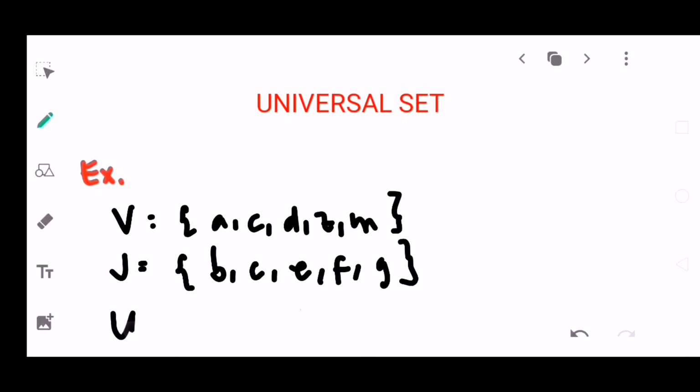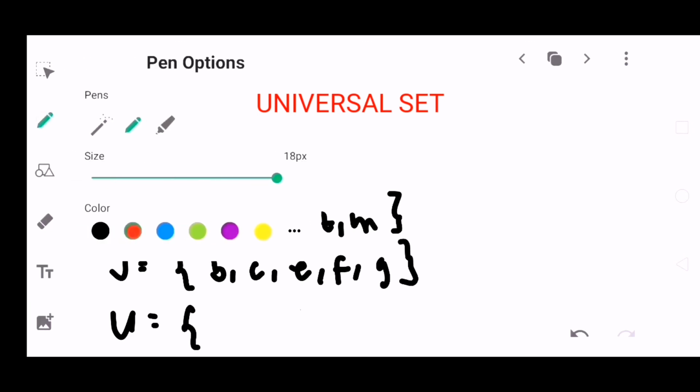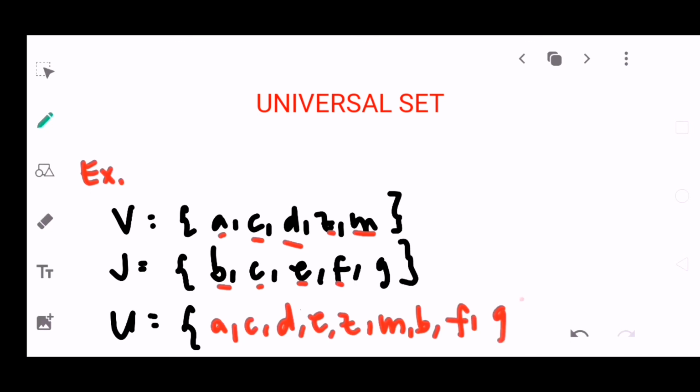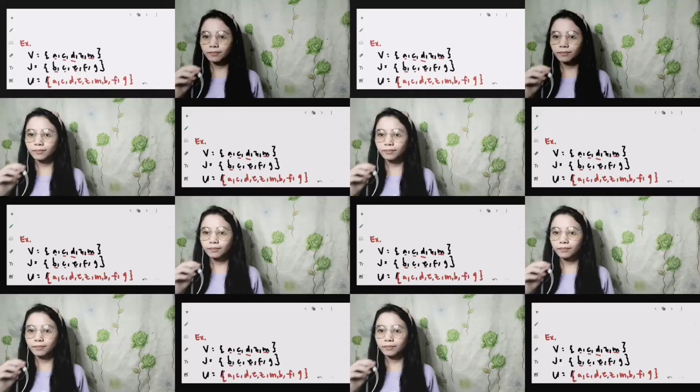So our universal set will be A, C, D, E, J, M, B, F, and G. So this one now contains all the elements in both set B and set J, and that will be our universal set in this situation.